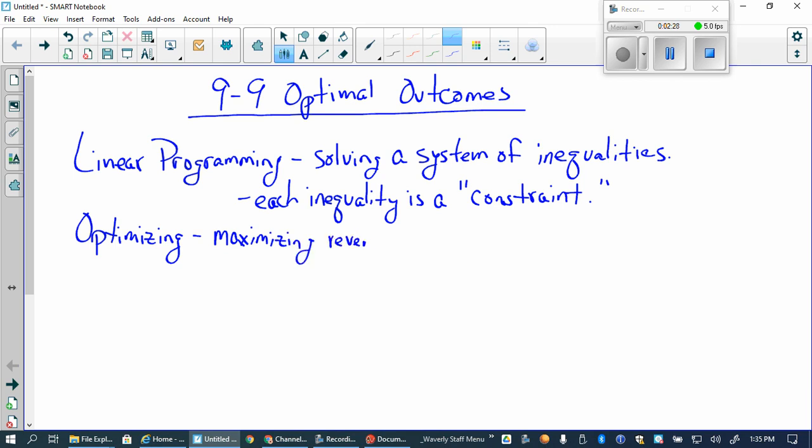And of course, if you're talking about expense, to optimize that, you're talking about minimizing expense, right?